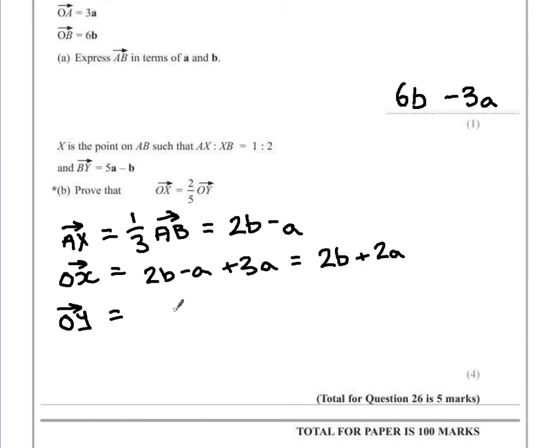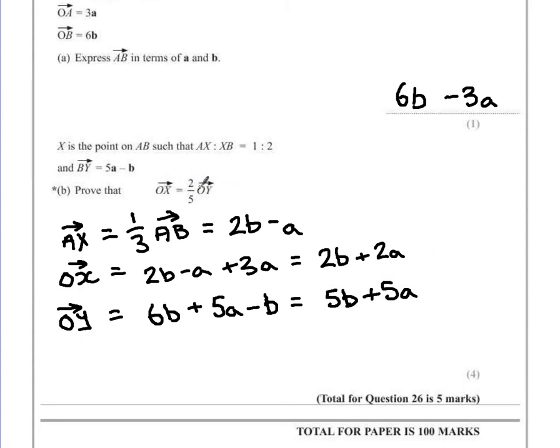So we take our vector of 6B to get up to point B, and then we're going to add on the vector from B to Y, which is 5A minus B. Simplify this vector. We've got 6B take away B is 5B, add 5A.